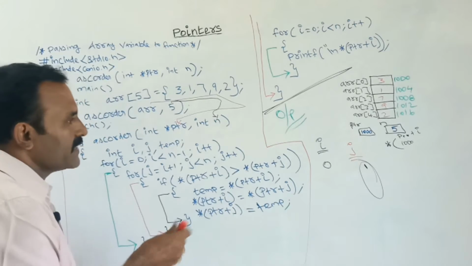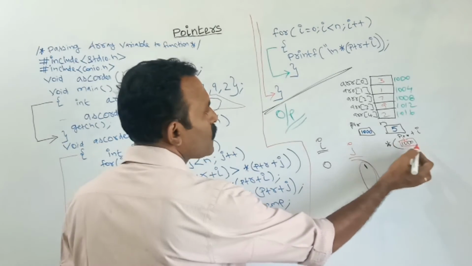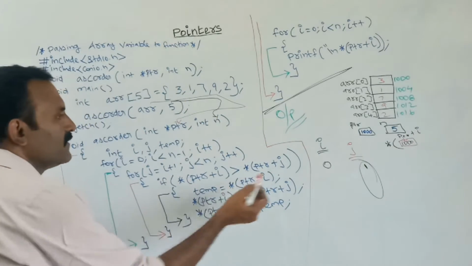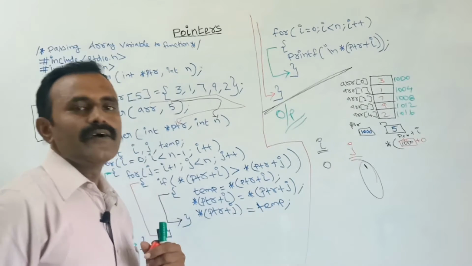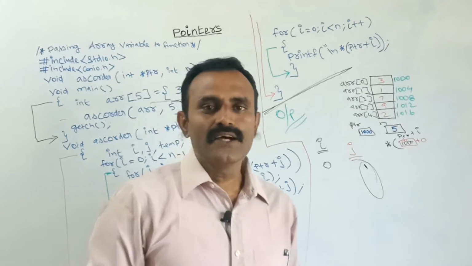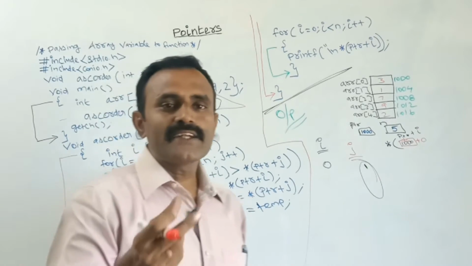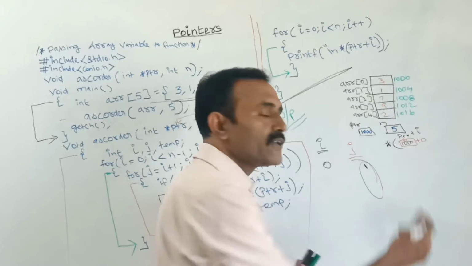So for each and every iteration, it is the value at the ptr address location plus i location. Now the i value is currently 0. If we add the pointer with 0, then we get the base address, that is the starting address which we have initialized. So 1000 plus 0 is 1000.